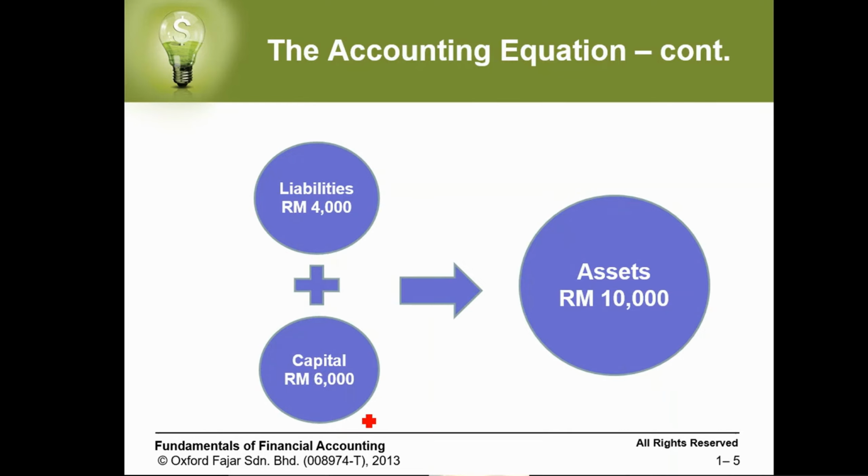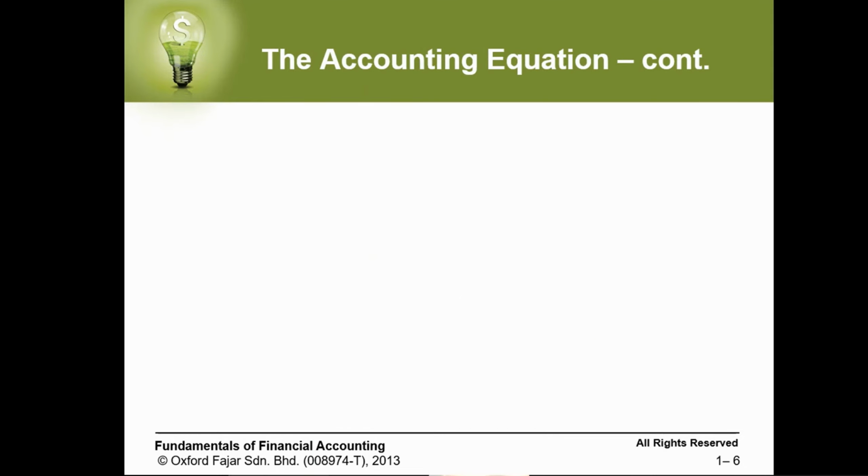What we owe to the owner is 6,000. So the total assets is 10,000. Actually, here it's not capital, it's owner's equity. Okay, so that's what we need to keep in mind about the accounting equation.